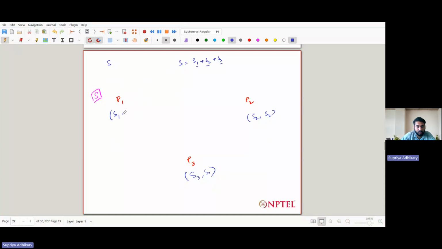It keeps S1, S2 to itself and sends S2, S3 to P2 and S3, S1 to P3. So this is the sharing stage.